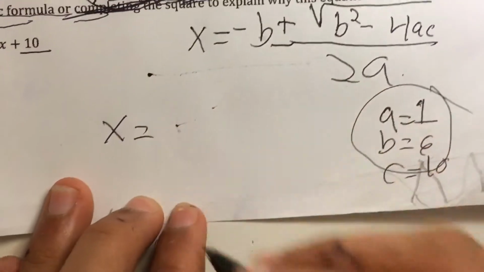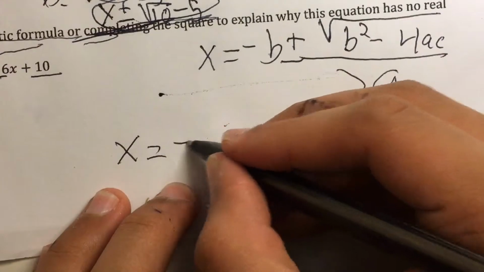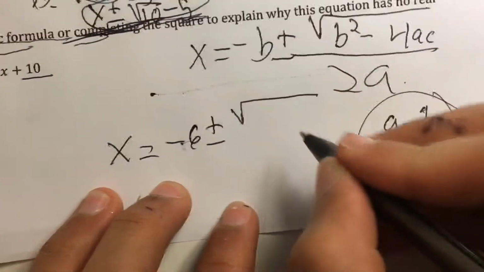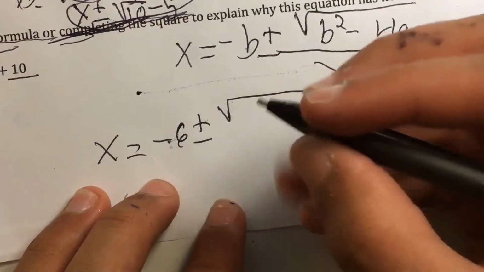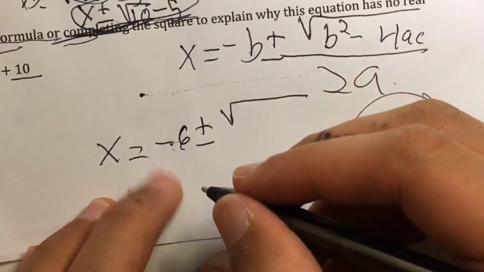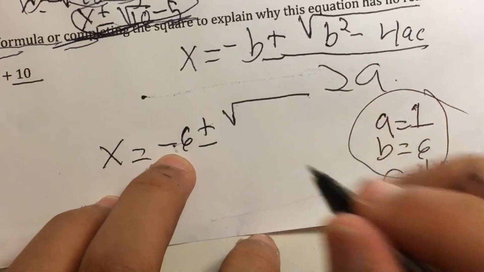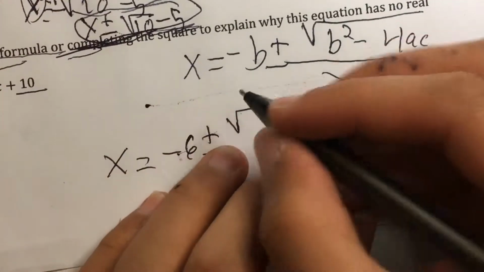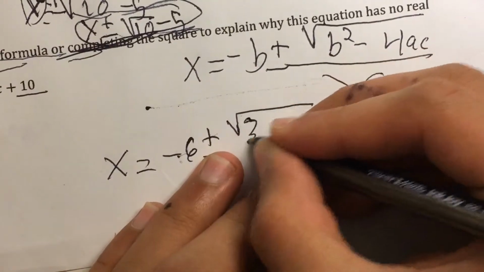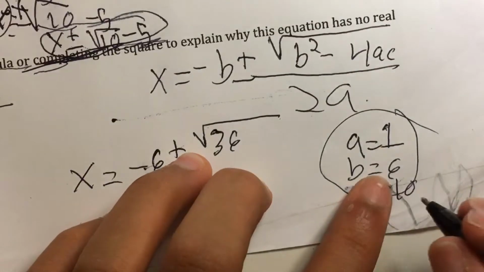So x equals negative 6 plus or minus the square root of b squared. So the square root of, oh my, that 6 squared is 36. Okay.